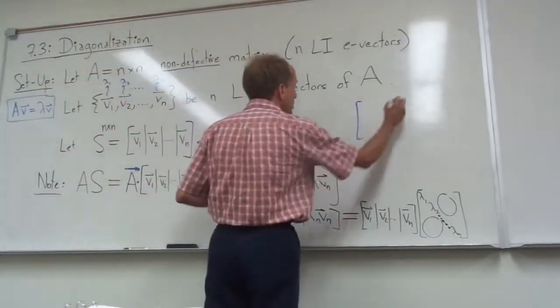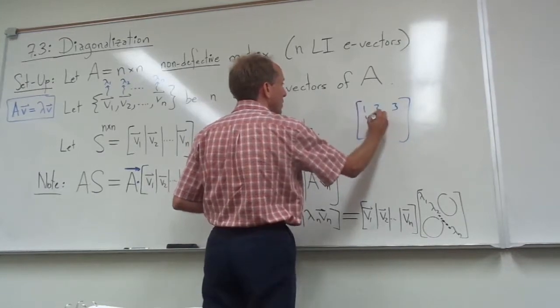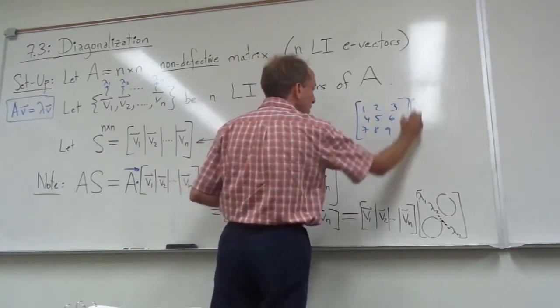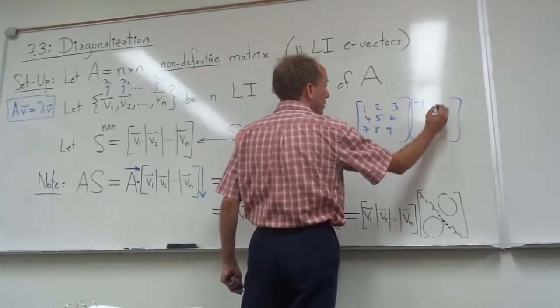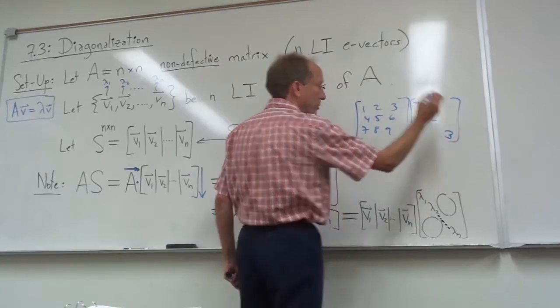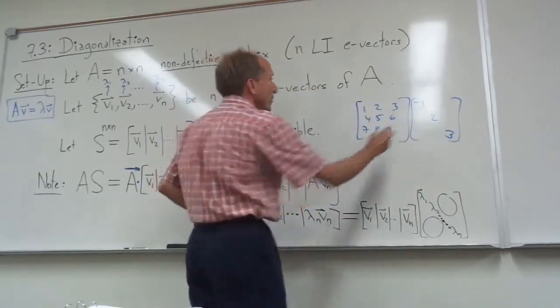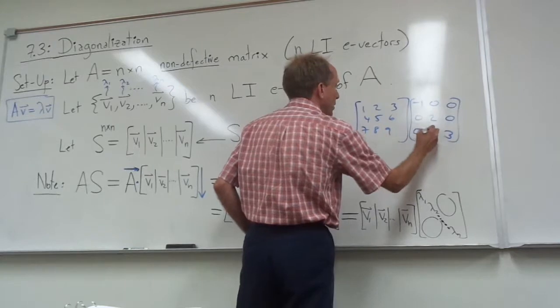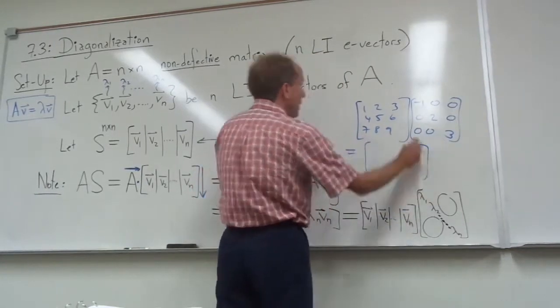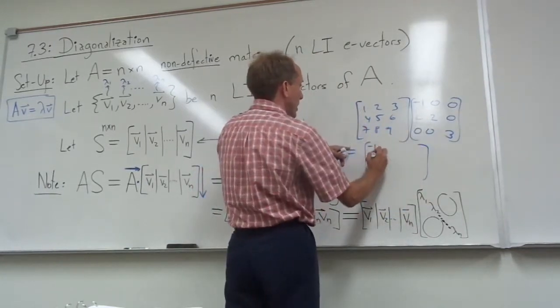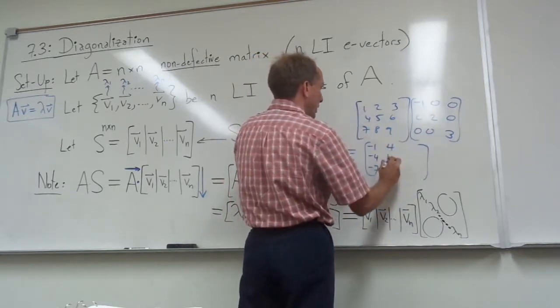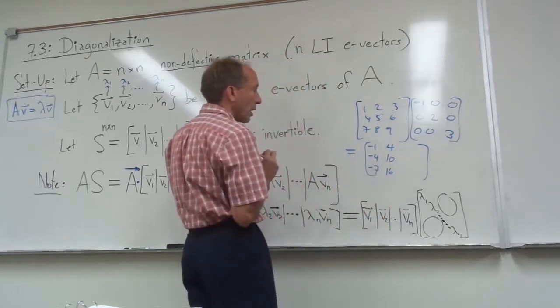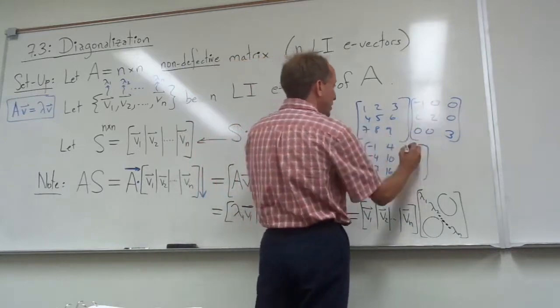Let's just take an example. If I have the matrix 1, 2, 3, 4, 5, 6, 7, 8, 9, and I multiply by the diagonal matrix with -1, 2 and 3, everything else being zeros. If you just do the calculation, what's going to happen is you're going to get the negative of the first column, 2 times the second column, and then 3 times the third column.